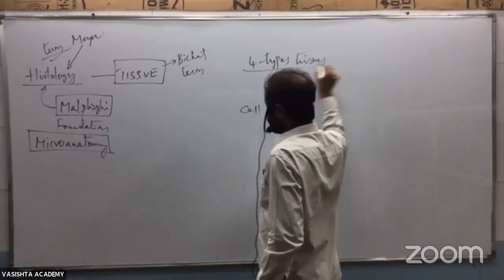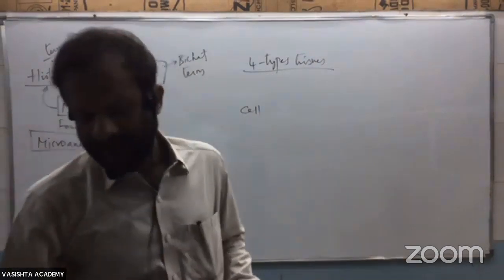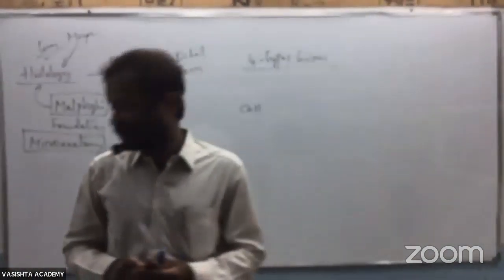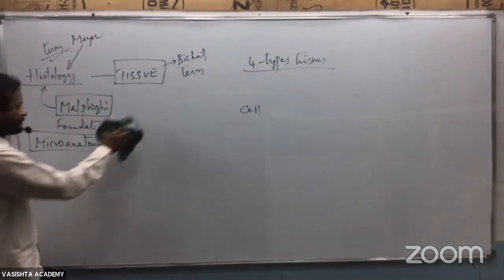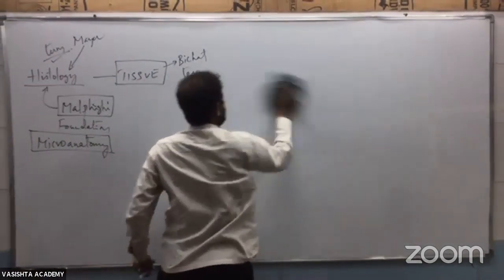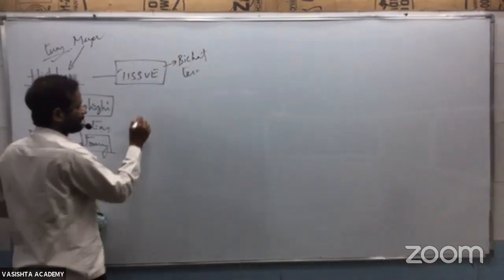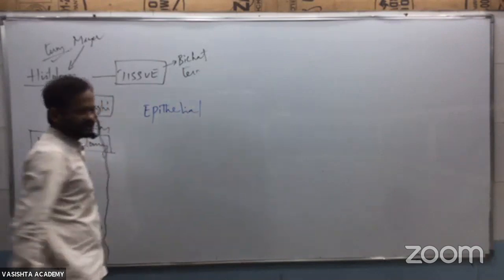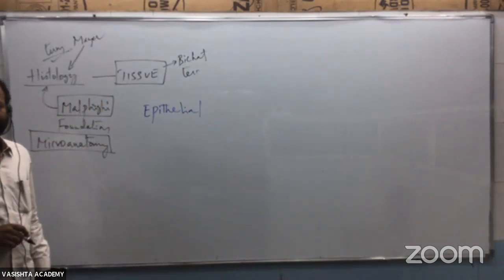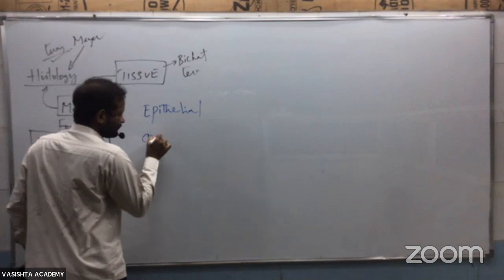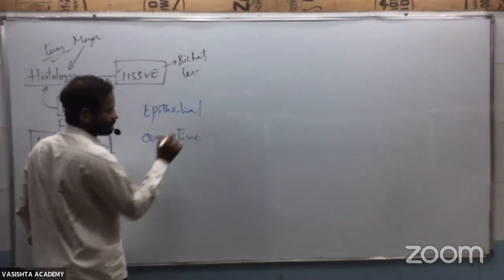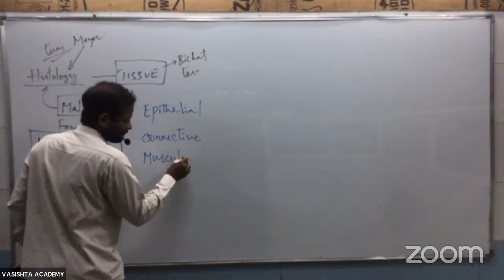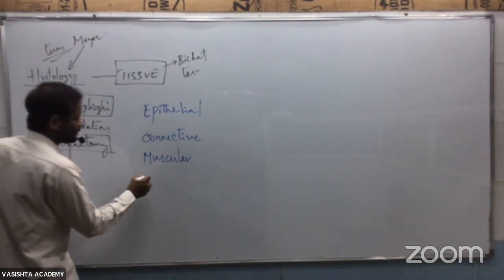If you see the 4 types of tissues, they have differences. What are the 4 types of tissues? Number 1, epithelial tissue, connective tissue, muscular, and neural.